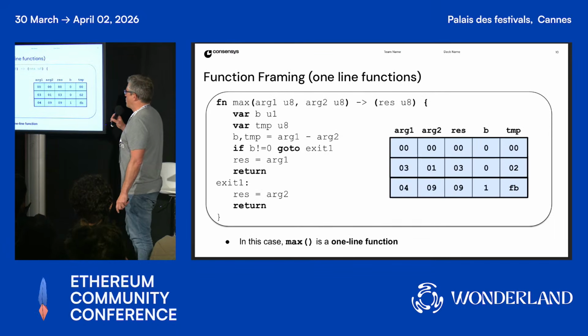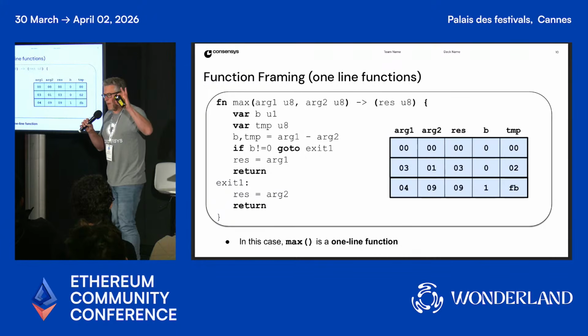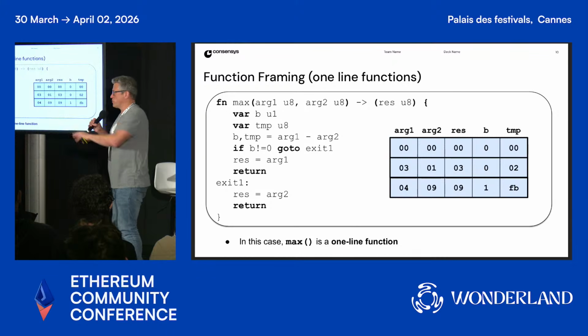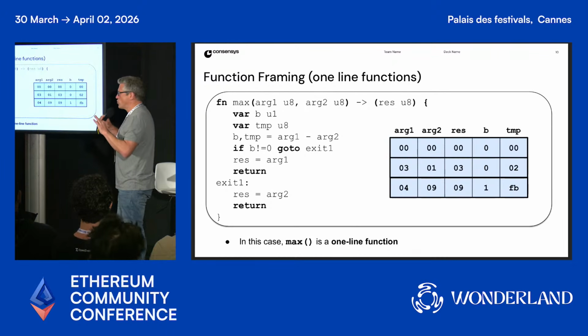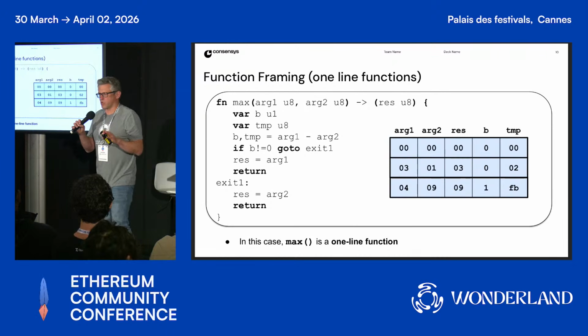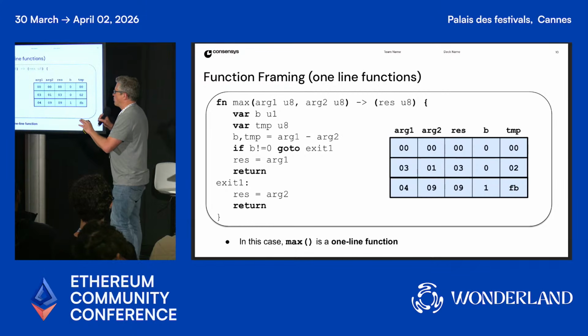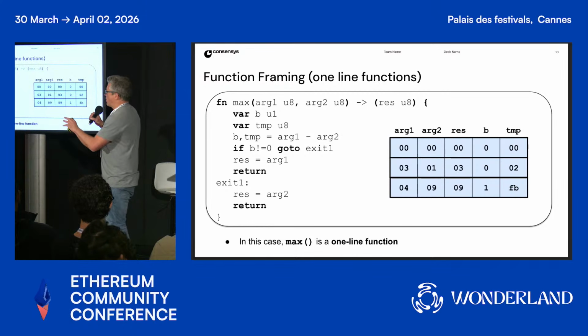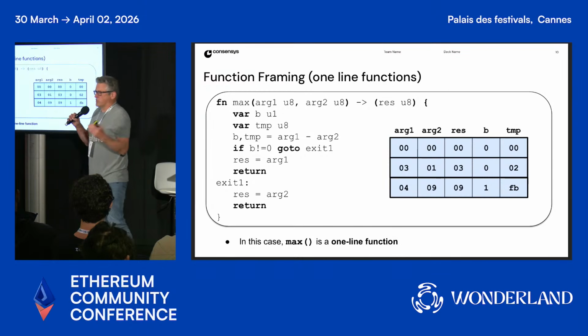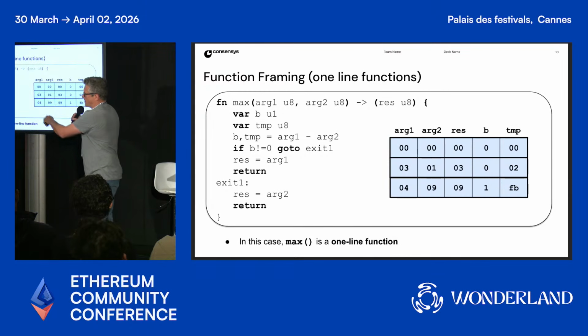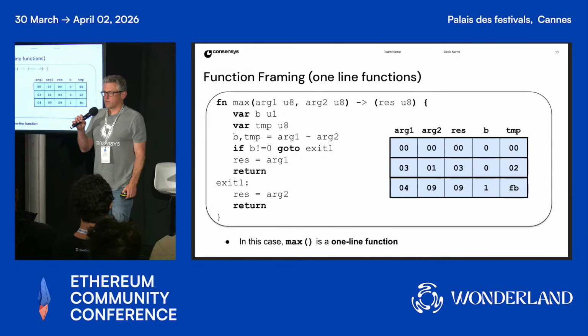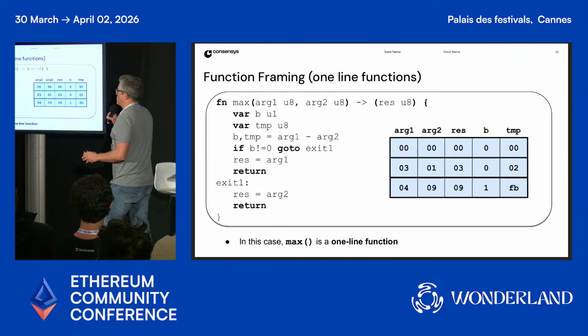Okay, so when we're mapping a zkEVM function to an AIR constraint module, there's two approaches that we take depending on the function. The simplest approach is what we call a one-line function. Max here, it turns out, it's perhaps not obvious from the source of the function, but this actually can be implemented using a one-line function.